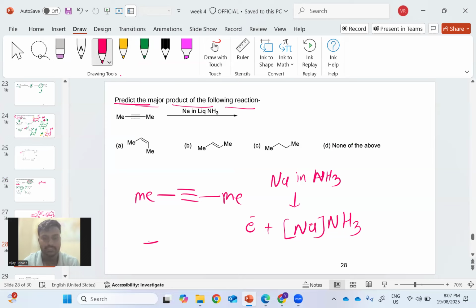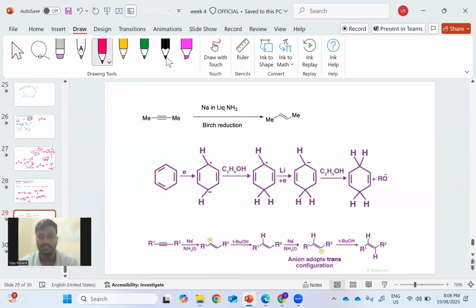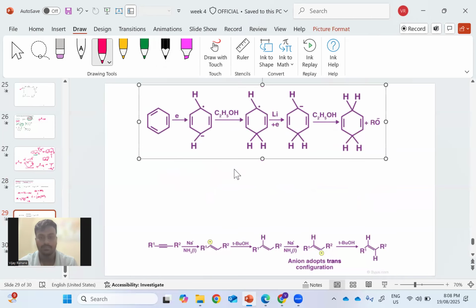So this methyl, this bond gets closed and forms a bond, and it gives the electron to this one, and it forms a negative charge. Once this forms a negative charge, it abstracts the proton from this NH3, giving the formation of the intermediate step. So I will just draw this in a bigger manner.